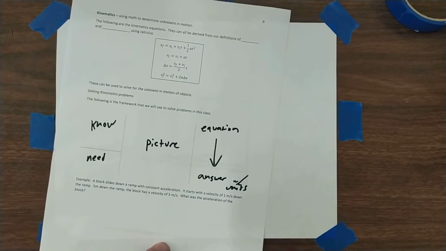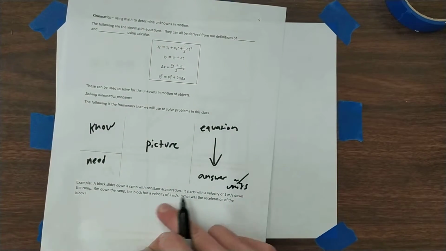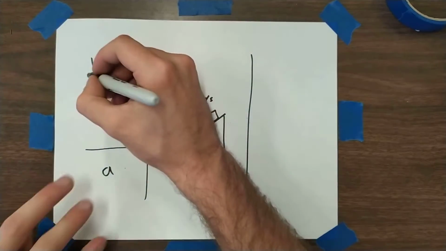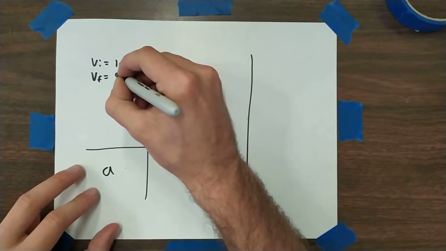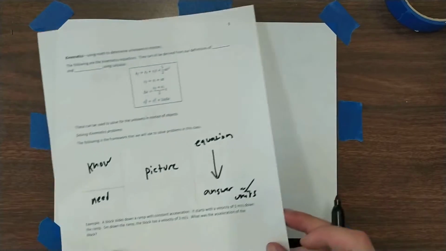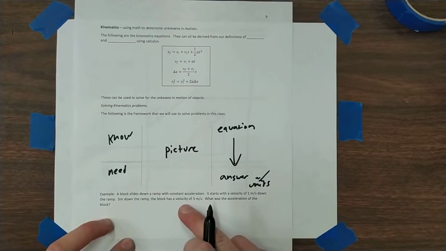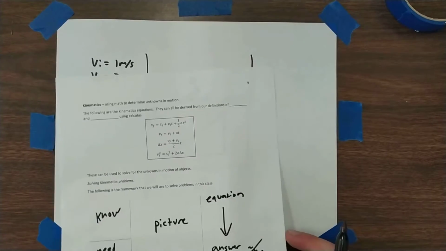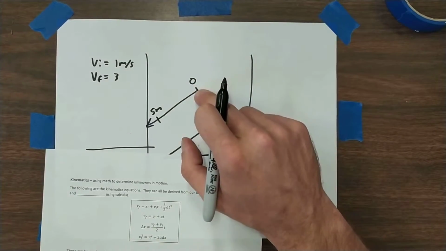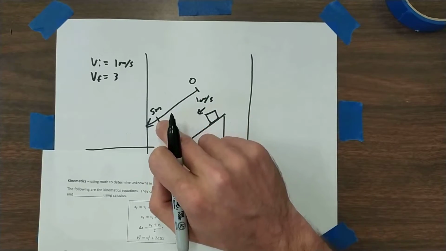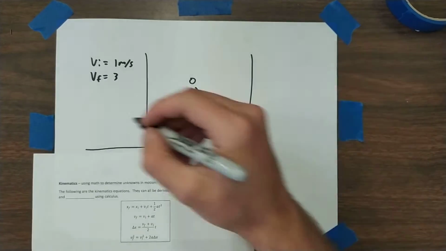Okay. It says at the end, the block has a velocity of 3 meters per second, so that would be VF equals 3. It says that it moves 5 meters down the ramp, so that's sort of our change in position. So I could call this X initial and this X final, and then I know delta X from that, so I can just write those down.